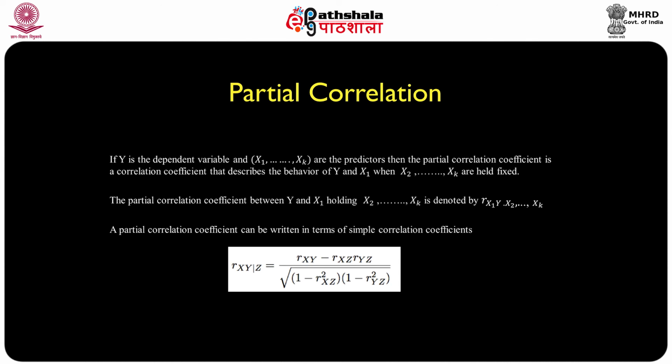Suppose we have three variables in our dataset where y is our response and x and z are the two predictor variables. Then the partial correlation coefficient can also be written in terms of simple correlation coefficients given by the formula r xy given z equals r xy minus r xz times r yz divided by square root of 1 minus r squared xz times 1 minus r squared yz.